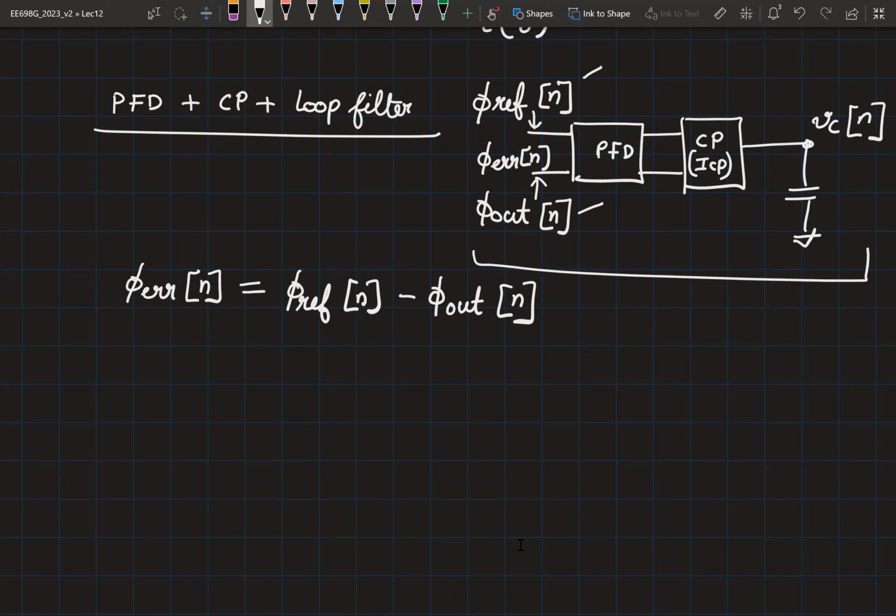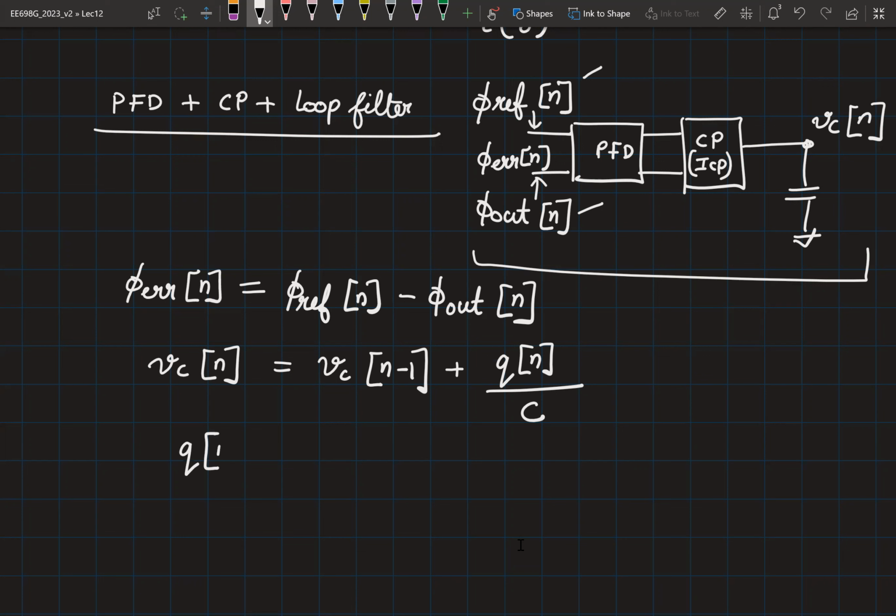Okay. So now I can write my VC of n as some existing VC of n from the previous cycle plus some charge that is pushed into it divided by C. This is okay. So now I just need the expression for Q of n. Can you tell me that expression?